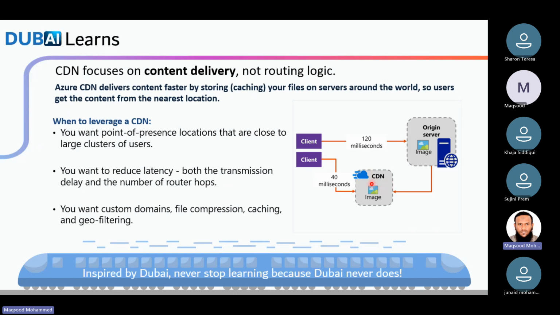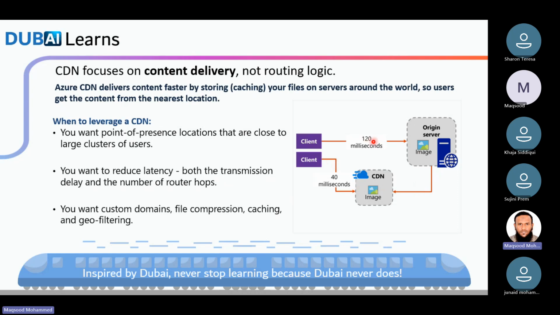So what does the CDN service do? It will actually cache your frequently accessed data. If the user is accessing this image, let's say for the first time from the website, it takes 120 milliseconds. It will be the same if it is accessed for the first time through the POP.